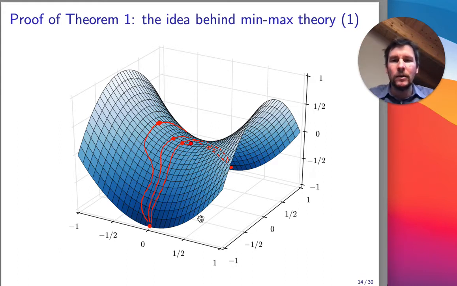So that's why it's called min-max, because you take the maximum within every curve and then you minimize over all the curves. And that's a way to find saddle points or unstable objects, okay?